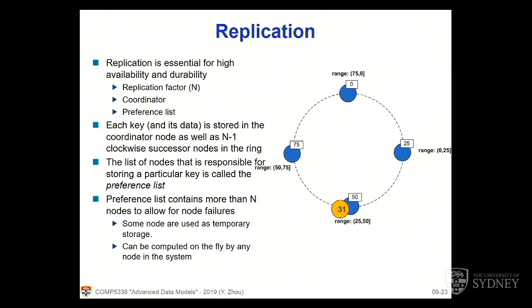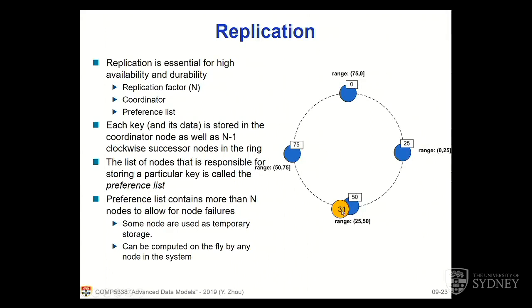That's a list of nodes. The first few have the copy, and the rest are candidate nodes when the first few are not available.